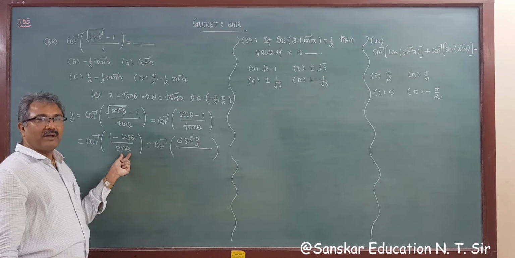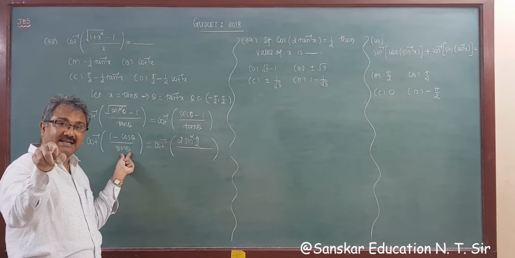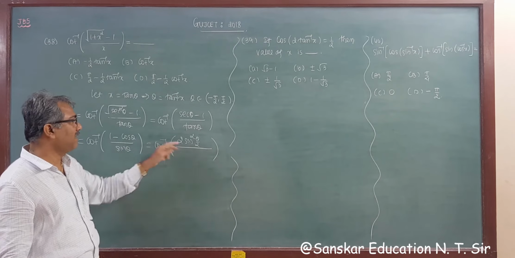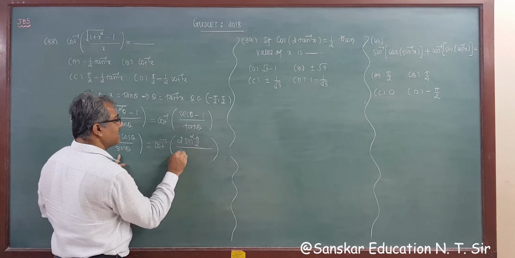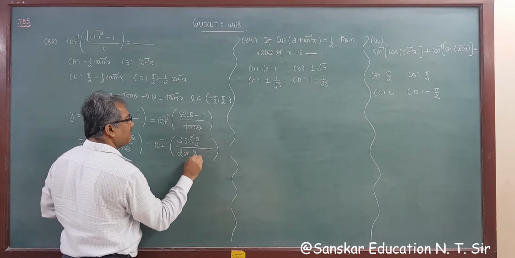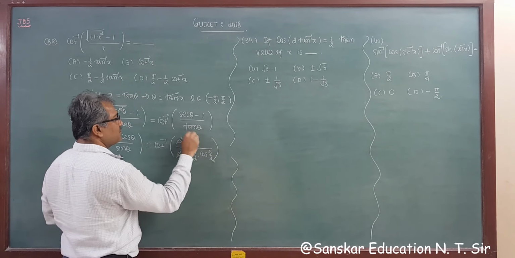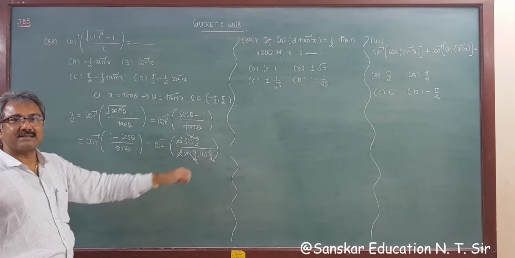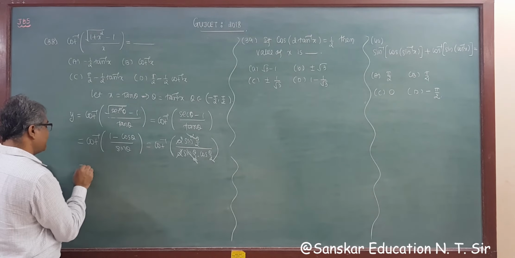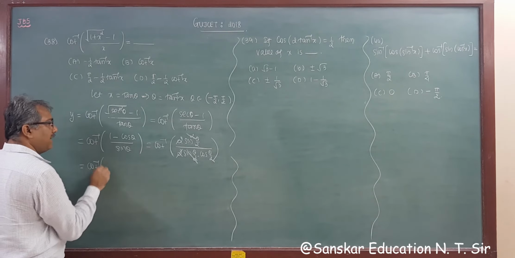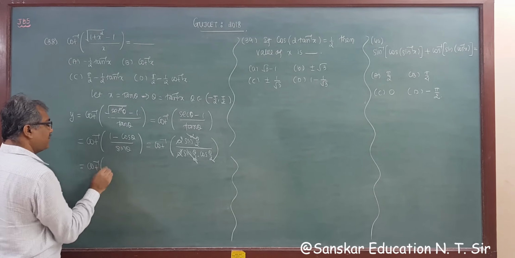Now this is in full angle, so you need to change this into half angle, so the formula for this is 2 sin theta by 2 into cos theta by 2, these 2 sin will cut, sin upon cos is tan, so this is equal to cot inverse tan theta by 2.